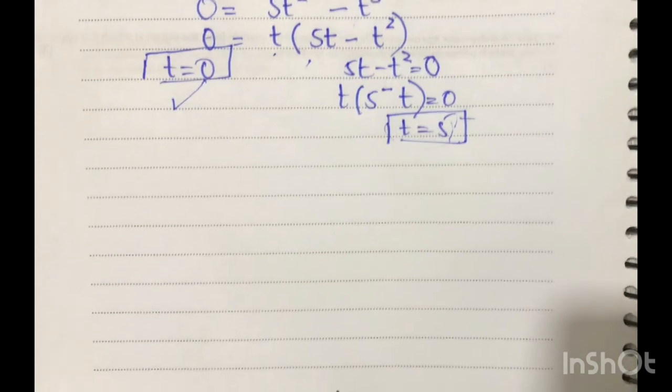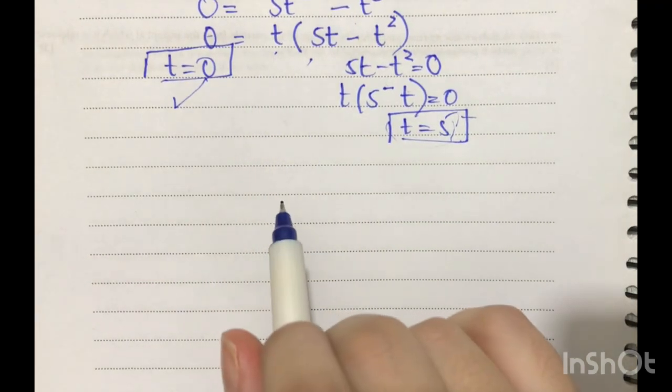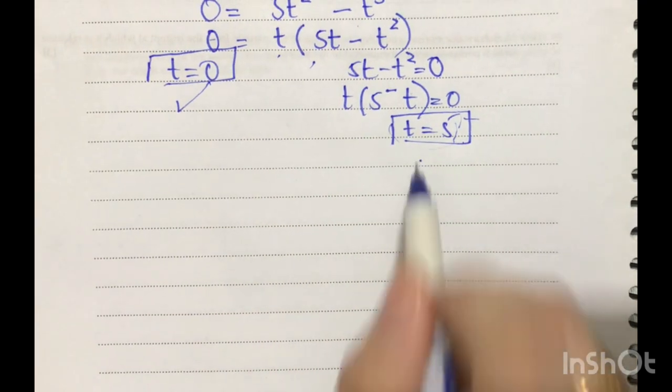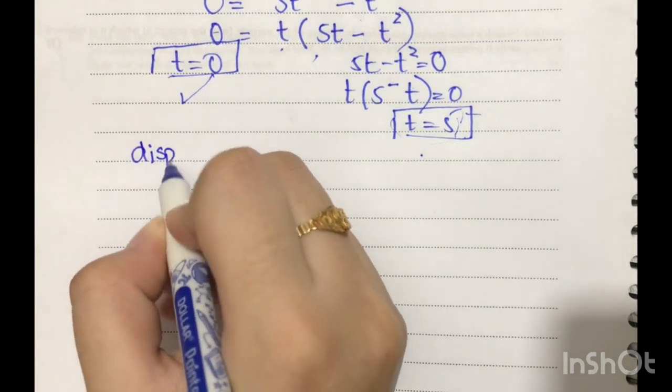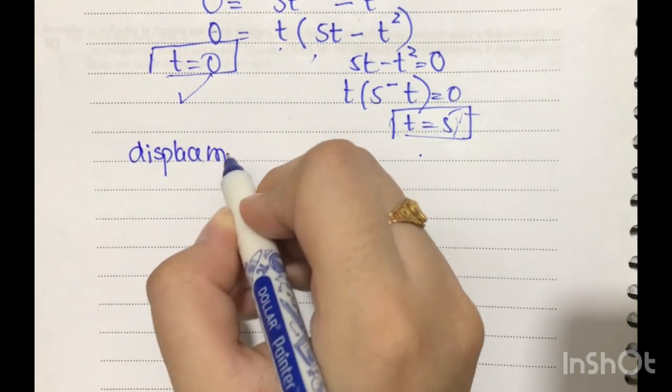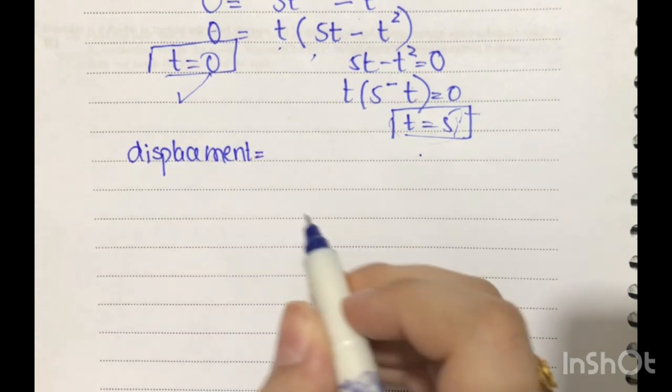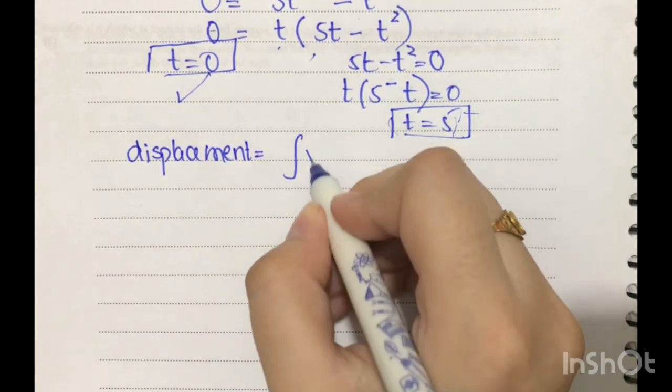Now, in order to find the distance, we need to find the displacement of the particle after 5 seconds. We can find the equation for displacement when we integrate velocity.